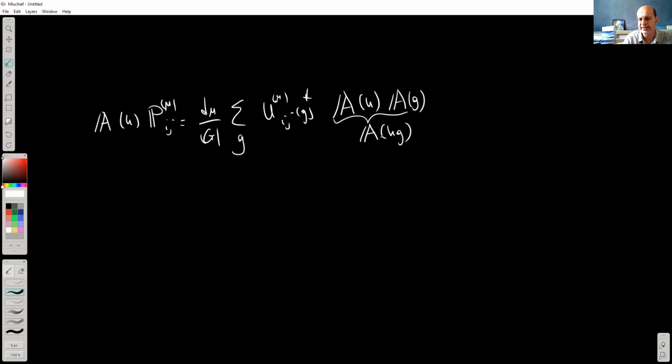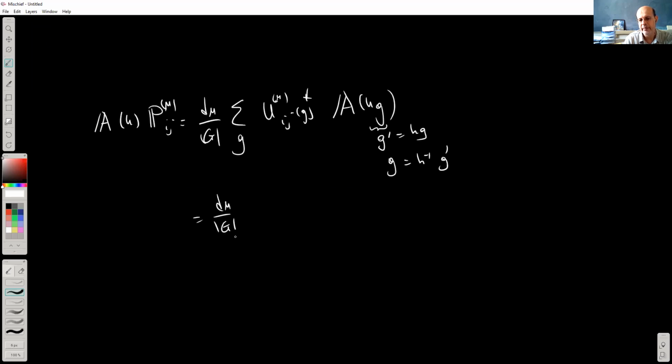So that's the first step. The second one is to make a change of variable. Just call this G prime, which is H times G. That means G is equal to H inverse times G prime, and do the summation over G prime.